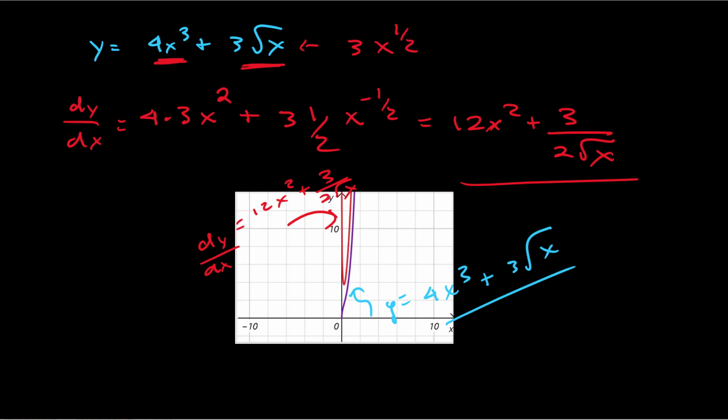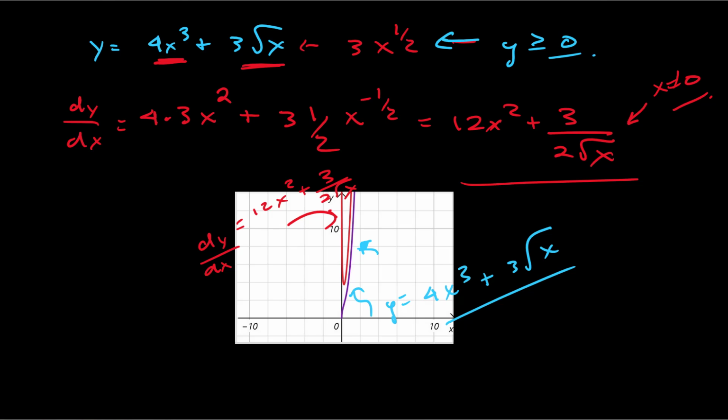Now we notice that in our derivative here, x cannot be 0, but as x tends to 0, it blows up. And our original function here, y must be greater than or equal to 0, because x can't be less than 0 because of the square root. And you can see here that y is always greater than or equal to 0.